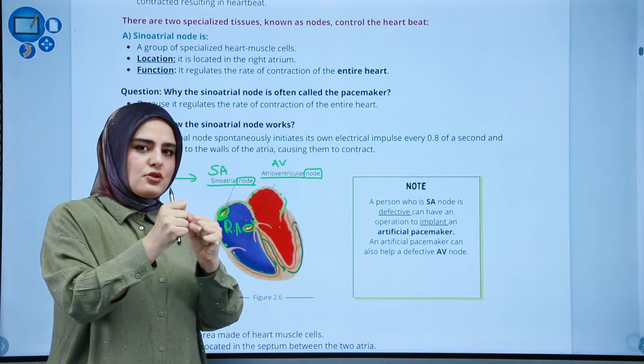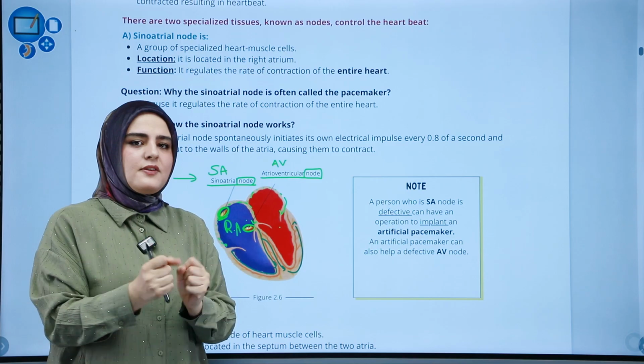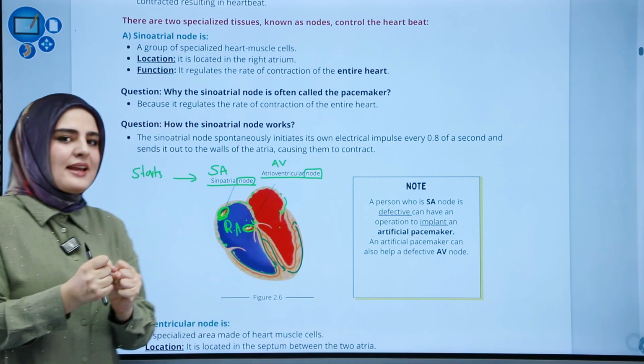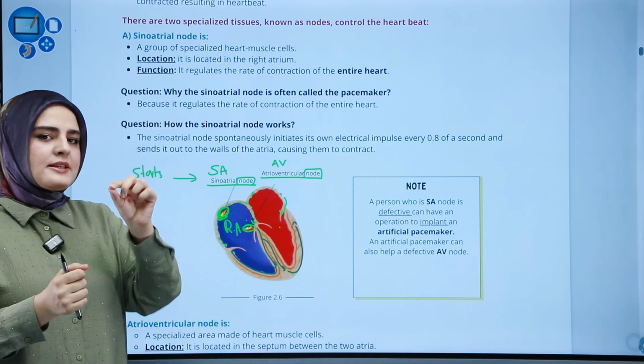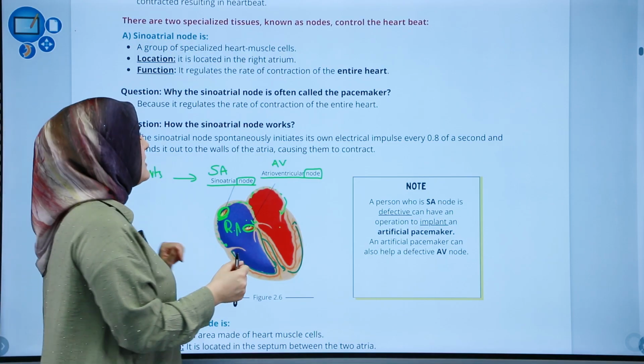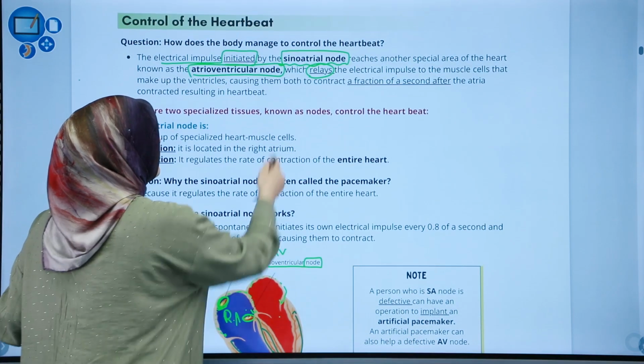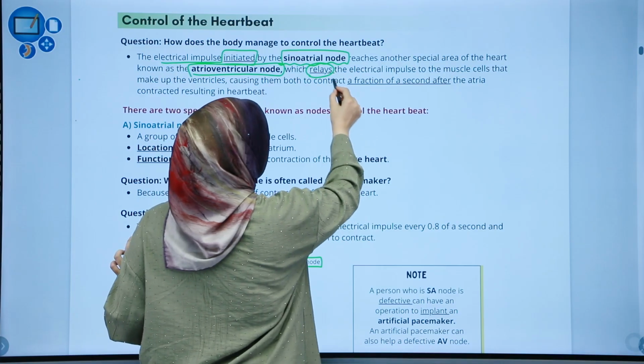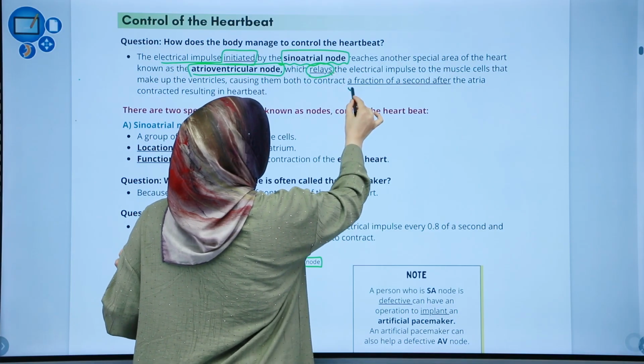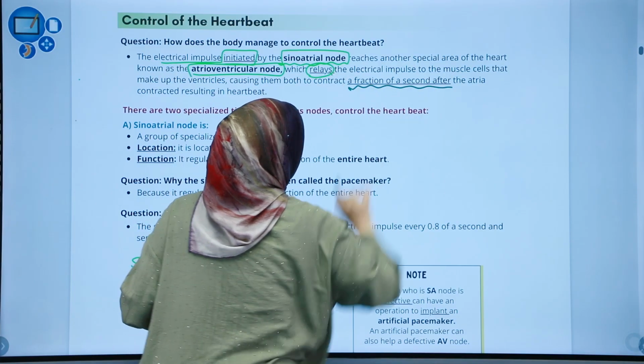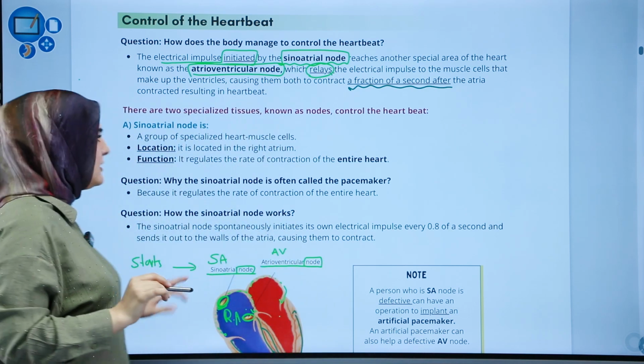So the atria need to contract first, and then the ventricles need to contract second. They have to have a difference in the timing. Who's going to create that difference? It is the atrioventricular node. There you go. It relays it and it delays it by a fraction of a second.